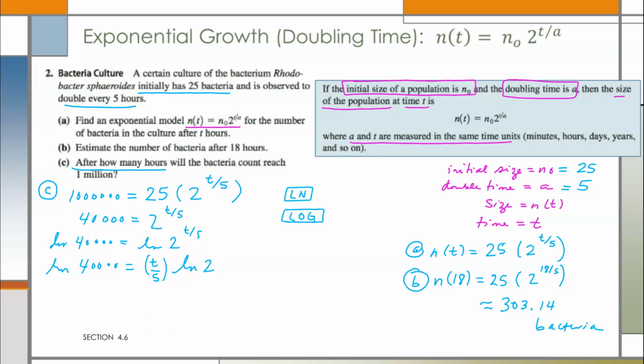Once we use that law, we can see it's going to be very easy to solve for t. We'll first multiply over that 5, so we've got 5 ln of 40,000. And we'll also divide by the ln of 2. Once I divide by the ln of 2, then I have t.